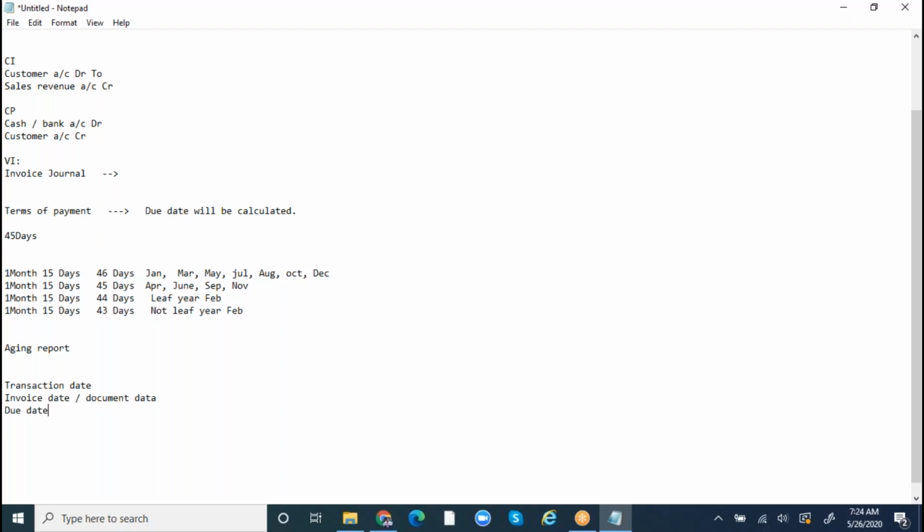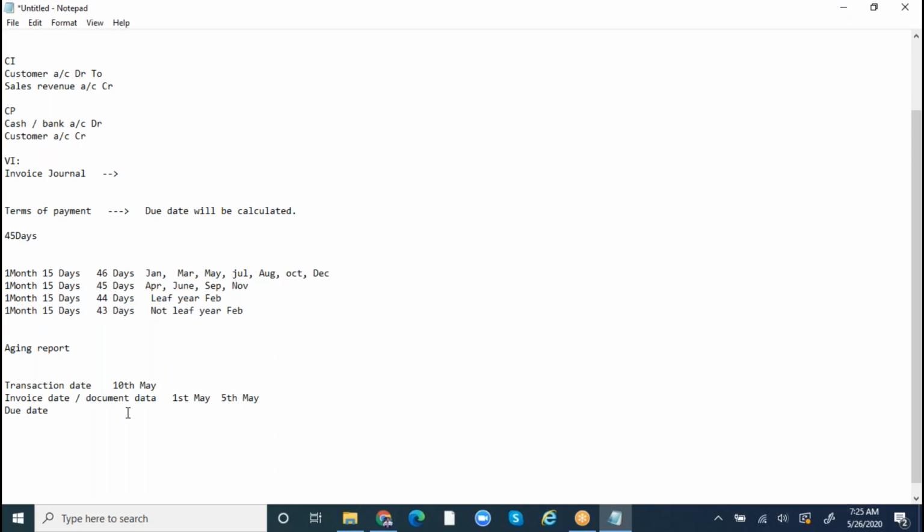Suppose you are entering the transaction on 10th May, the invoice was generated by the vendor on 1st May, but you received it on 5th May. This is your concern, am I right? Yes, that is the concern.